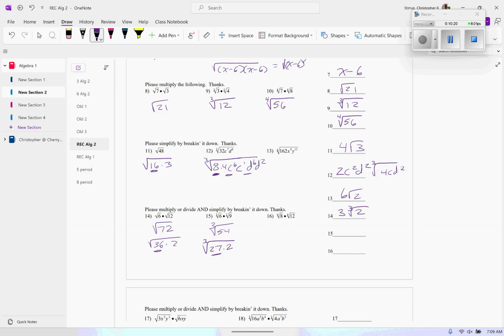Oops, I skipped one. Okay. Oh, I guess I just skipped this one, didn't I? Fourth root of 162. So fourth root, let's go back to number 13. So 162 divided by 16. No, 162 divided by 64.